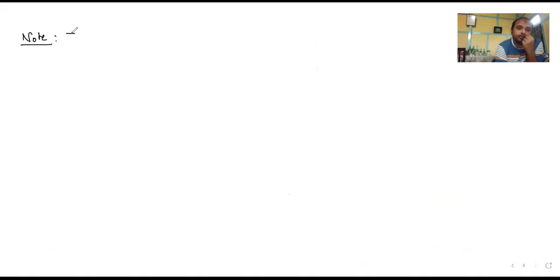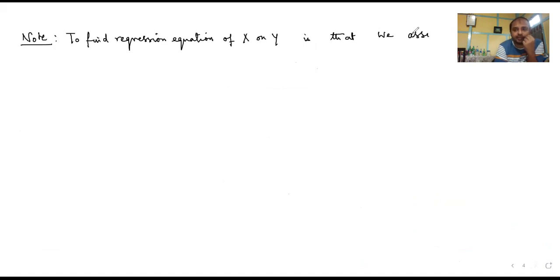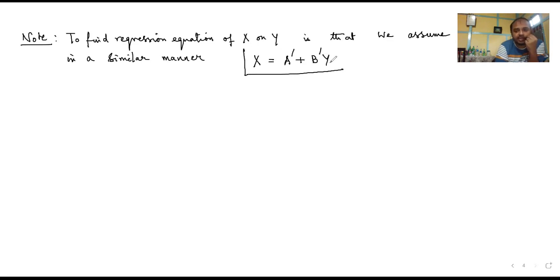What we do to find the regression equation of x on y is that we assume in a similar manner a line of best fit given by x equal to a prime plus b prime into y.